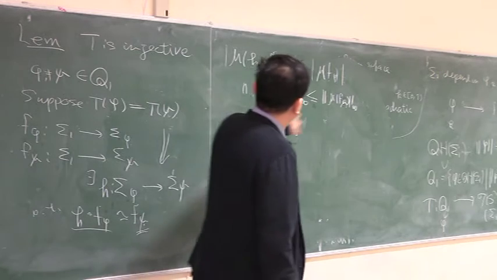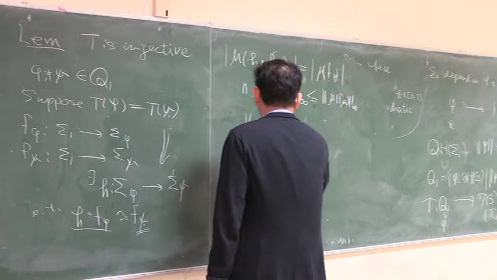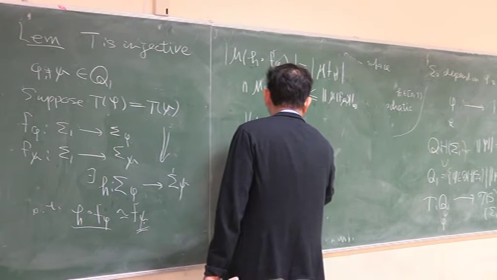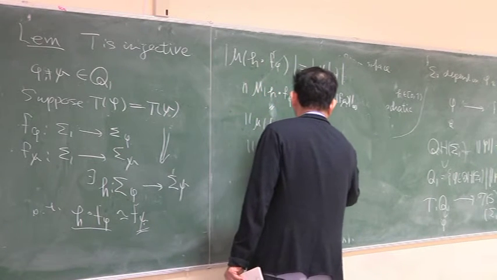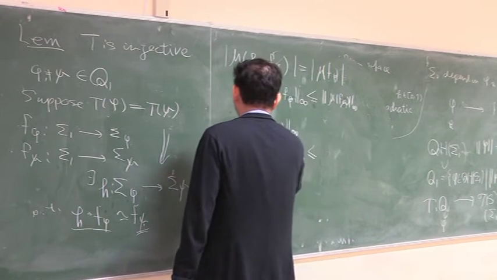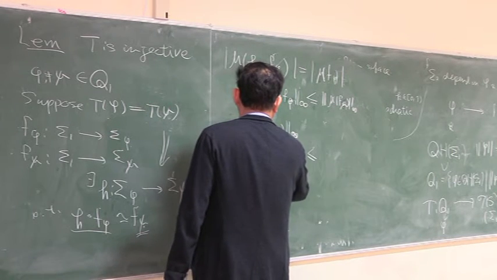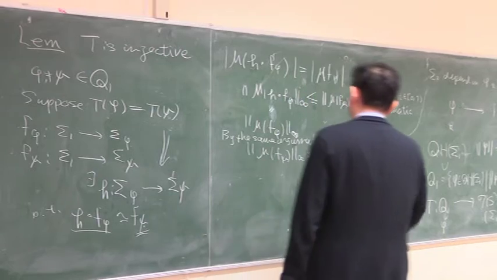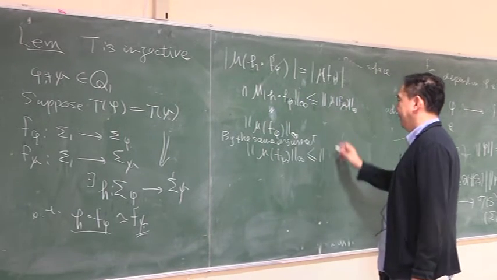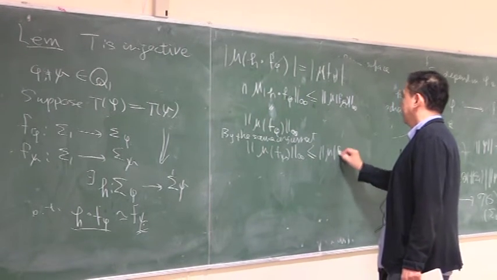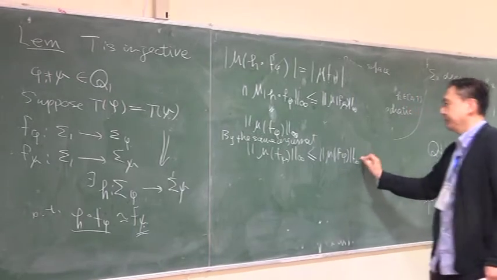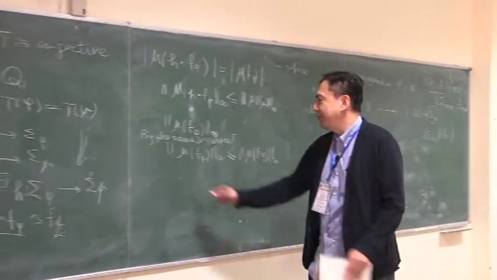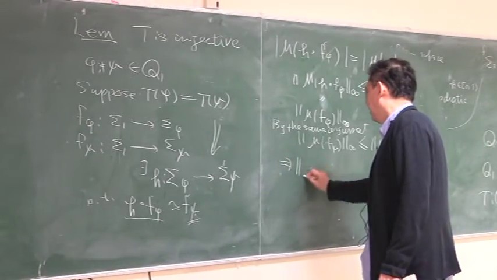So you have the inequality in the opposite direction, by the same argument. So this implies their norms are equal.